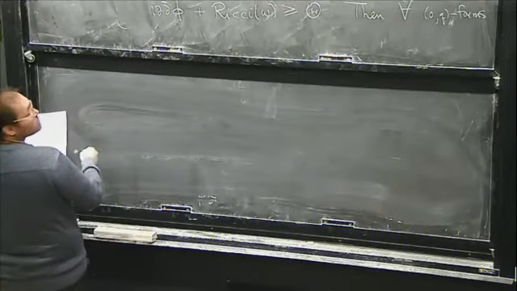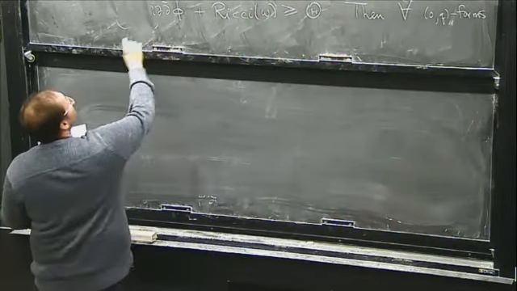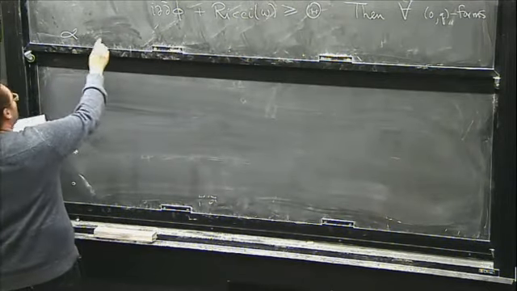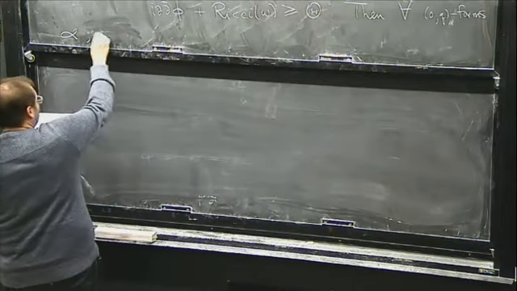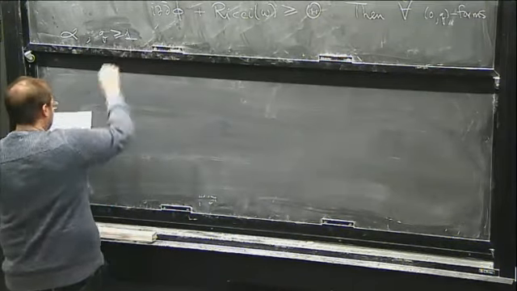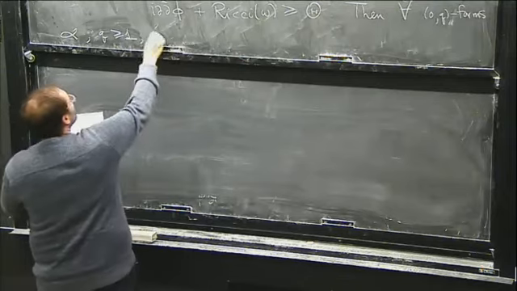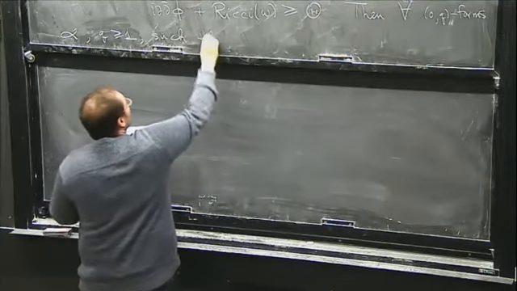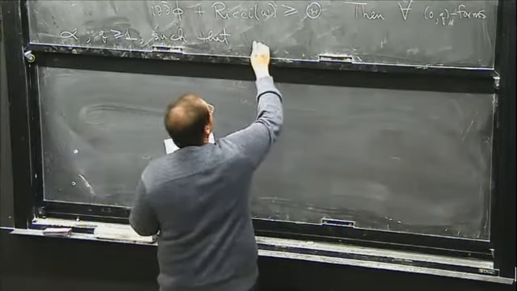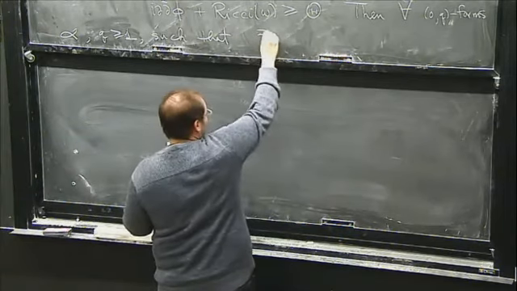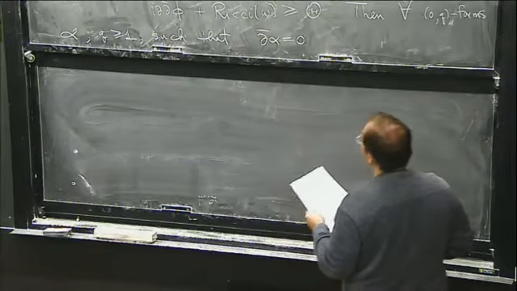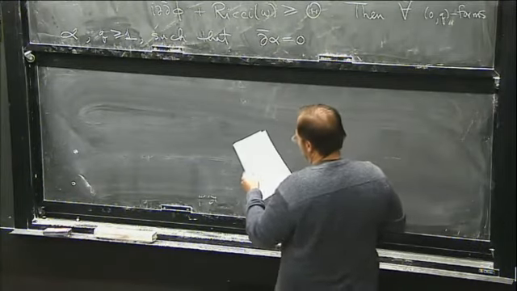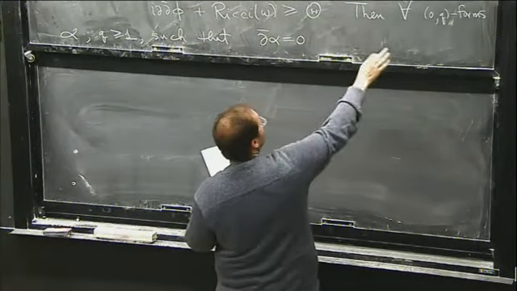For all (0,q) forms alpha, here I need q to be at least 1, such that I want this alpha to be d bar closed. I guess I need them to be locally integrable to define this.